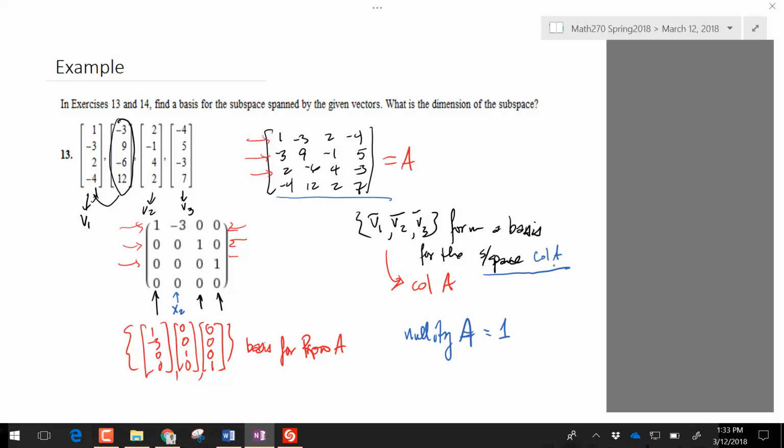But the null space and row space are not only that, they're subspaces of the same vector space. The row space and the null space live in the same vector space. Okay?